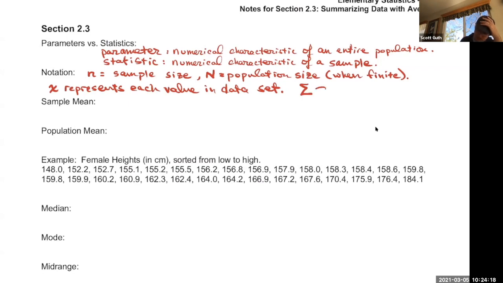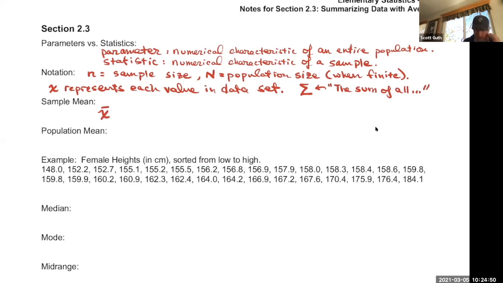It means the sum of all something, okay? And again, that's a Greek uppercase sigma. Sigma is just the S in the Greek alphabet, and of course the S stands for sum, like you're adding things. Okay, and a sample mean is an X with a bar over it.